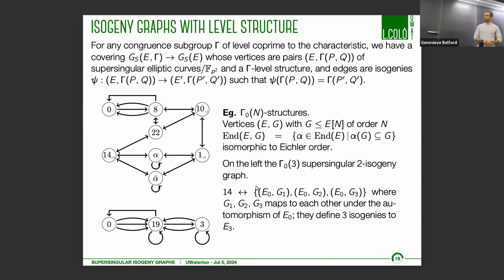Here's an example of what happens if you endow the supersingular isogeny graph with some, in this case, gamma 0 of 3 structure. Okay, so again, here we're working in characteristic 23, and we're adding gamma 0 of 3 structure. And as you can see, gamma 0 of 3 is not enough to rigidify the whole picture, because we still have some sort of special vertex here.